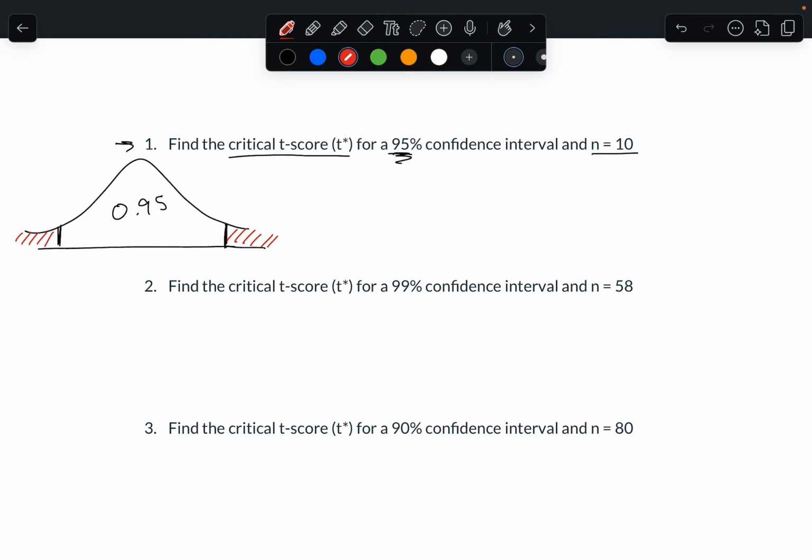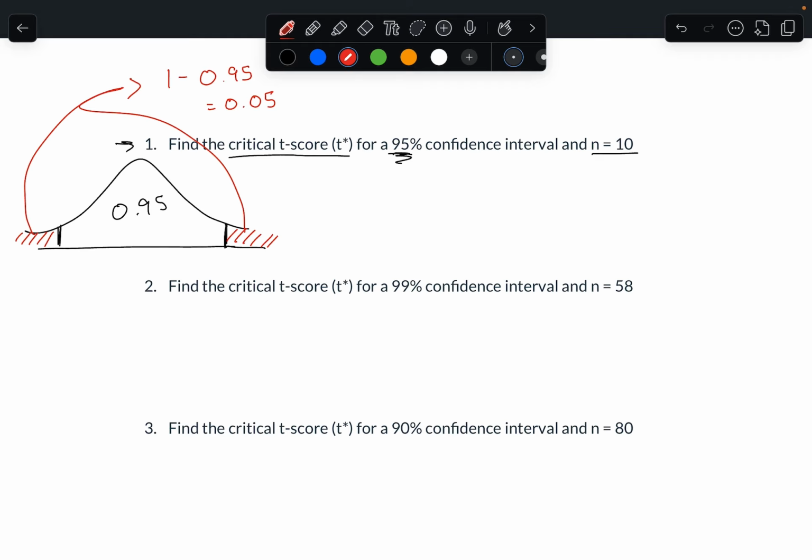And we can think about it from either point of view. I think it's actually easier to start with the area in two tails, because the area in both of these tails together is 1 minus the area in the middle, which is 0.95, to end up with 0.05. So the area in two tails is 0.05.